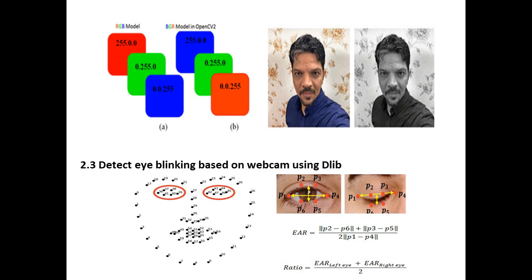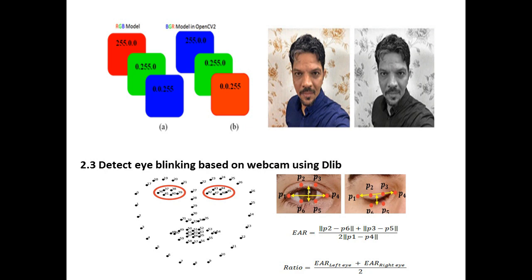The left eye's horizontal line length is the distance between points 36 and 39, and the left eye's vertical line length is the halfway point between points 37 and 38 and between points 40 and 41.